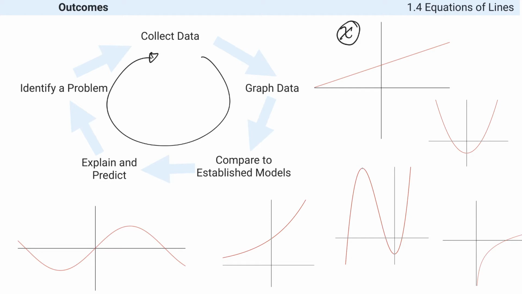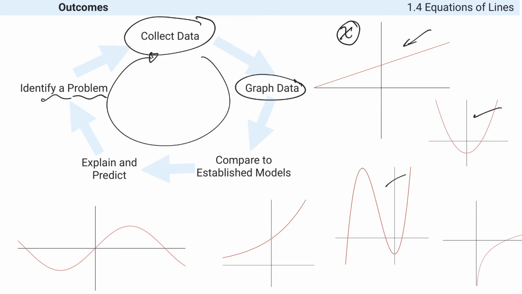We look at a natural phenomenon and identify maybe a pattern. And we identify, well, maybe this is a pattern. So we collect a bunch of data and then we graph the data, and then we take a look at the data and see if it models or compares to some established models. Like this one here would be a linear function, quadratic, cubic. This is logarithmic, exponential, sinusoidal.